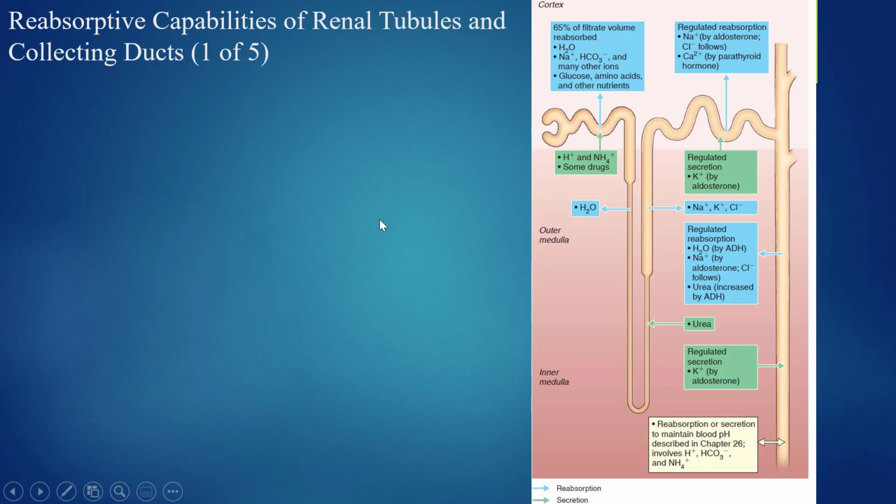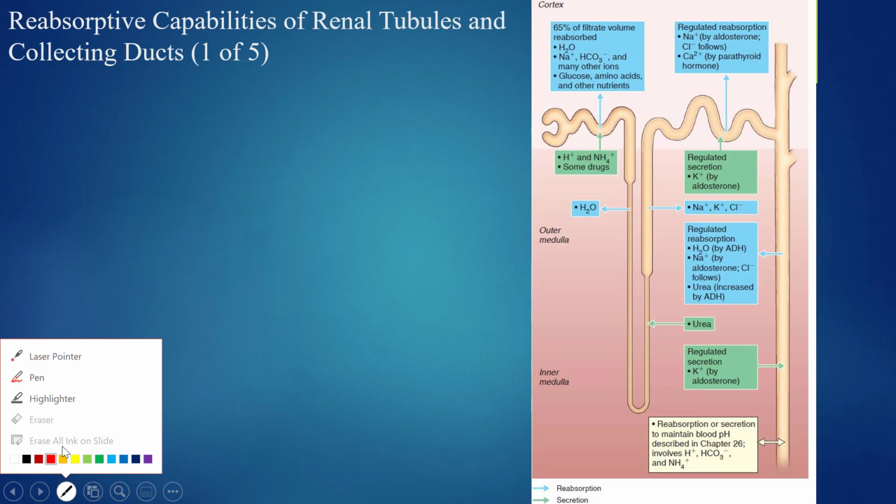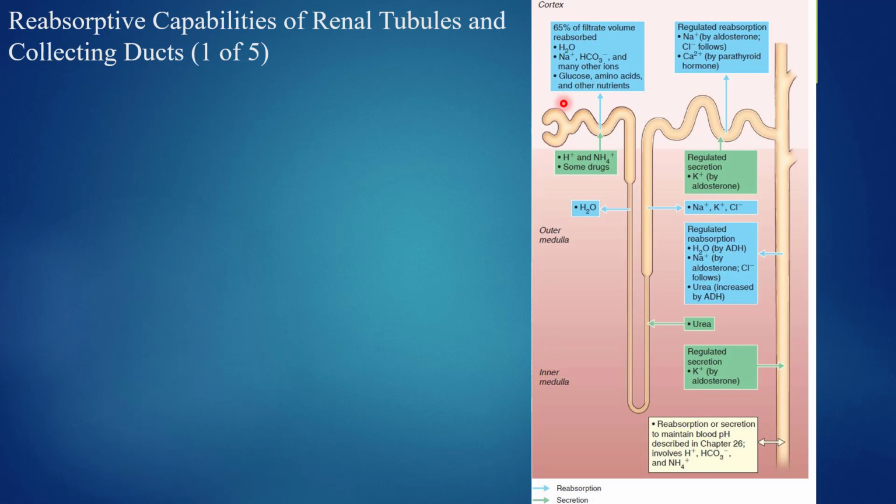So now let's take a look at the reabsorptive capabilities of the different renal tubules, from the proximal convoluted tubule to, let me just use my pointer, your loop of Henle, the descending loop, the ascending loop, the distal convoluted tubule, and then the collecting ducts.